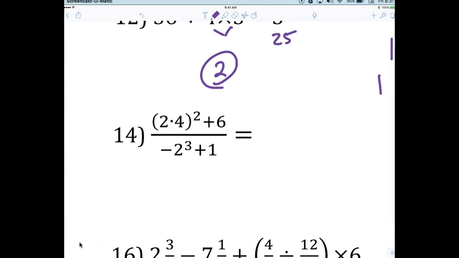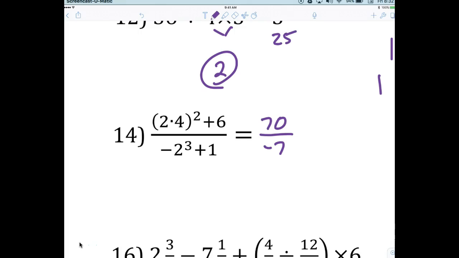So let's talk about the numerator. The numerator here is what? I think it's 70. And the denominator is what? -7. Now, listen, you're doing the work, and if you disagree, you raise your hand.